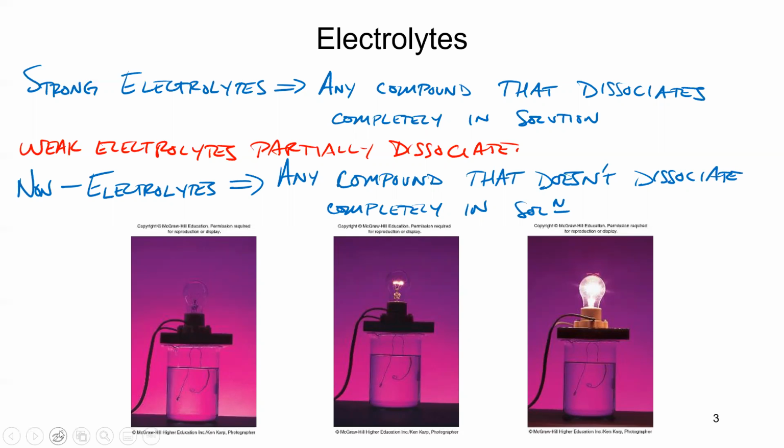And so let me put that in here. So which of these three would be molecules? Strong electrolytes, weak electrolytes, or non-electrolytes? Non. That's right. Non-electrolytes are going to be molecules. Right? Strong and weak electrolytes are both going to be ionic compounds.